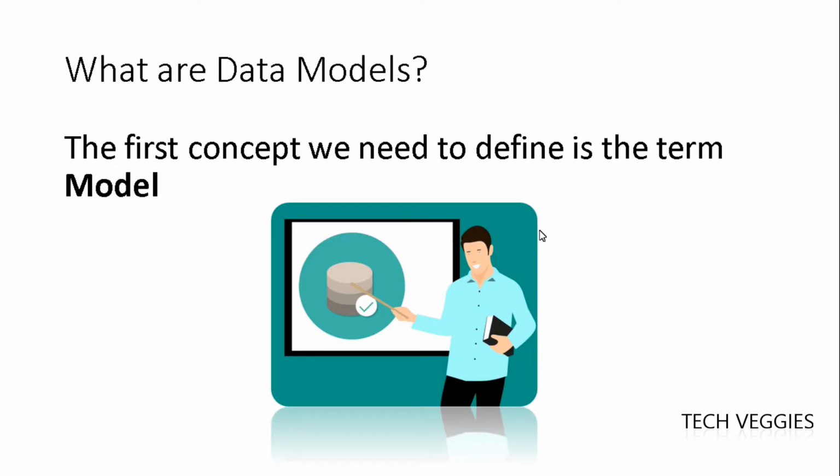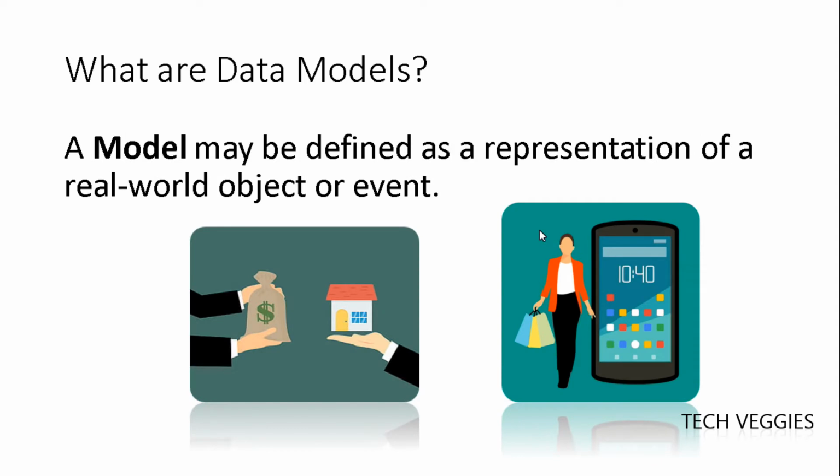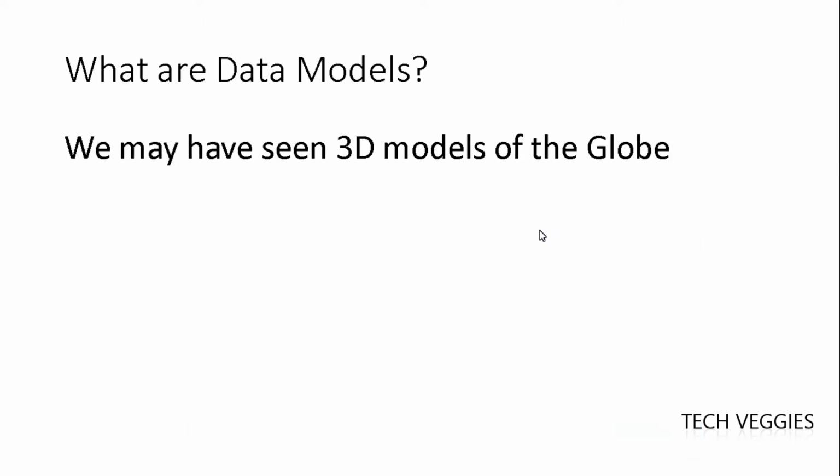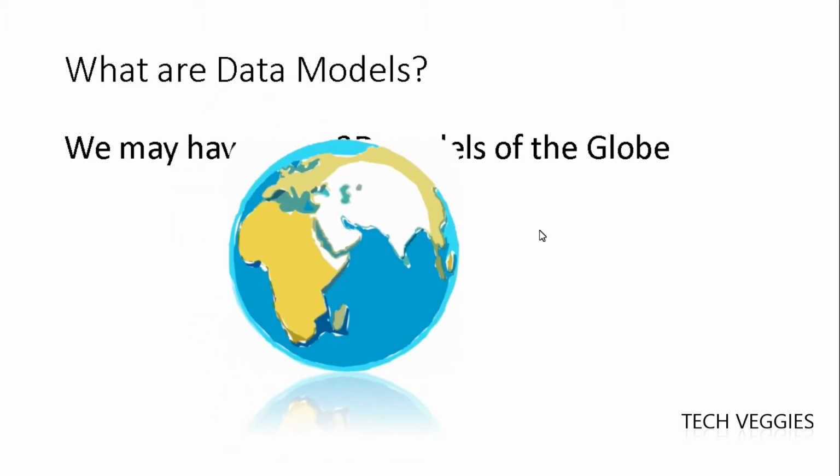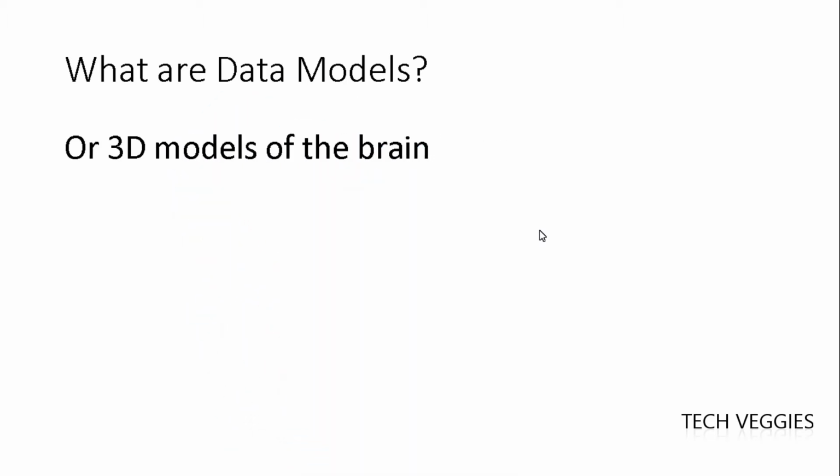The first concept we need to define is the term model. A model may be defined as a representation of a real-world object or event. We may have seen 3D models of the globe or 3D models of the brain.